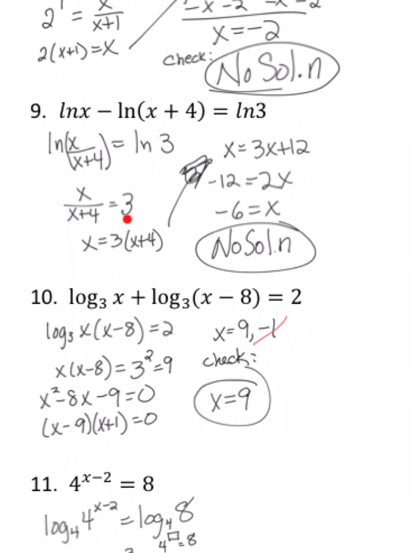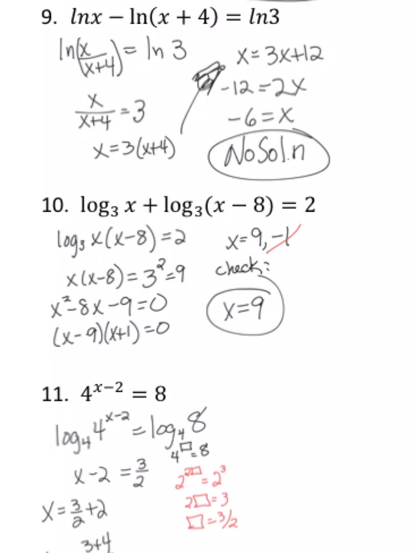Simple equation again, multiply away your denominator, distribute the 3, collect your x's on one side, and get all your numbers on the other, do your division, and again with x equals negative 6, when we check it, we see that we get the ln of a negative number, so no solution again. Sorry, I know it's boring.